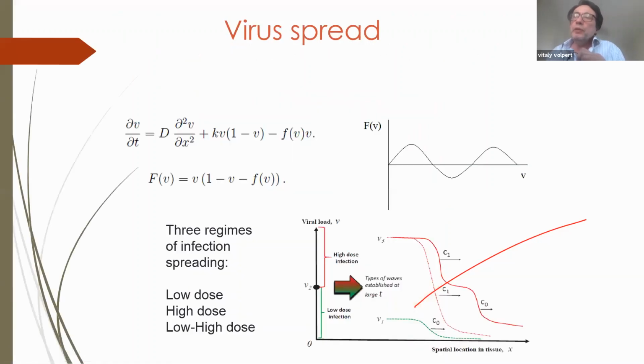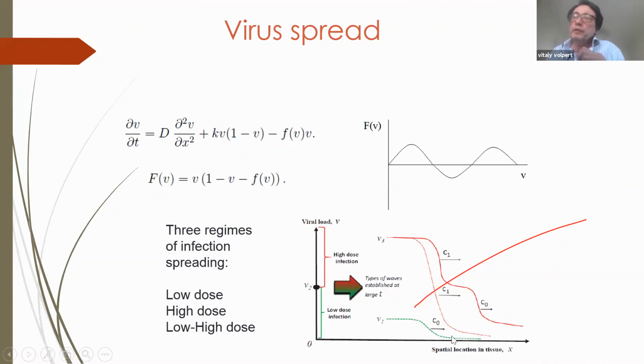And why is it interesting for our applications? Because it describes how this infection spreads in the tissues or organs of our organism. There are these three different cases shown here.